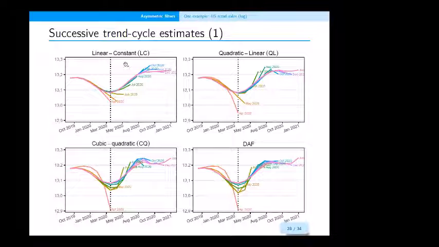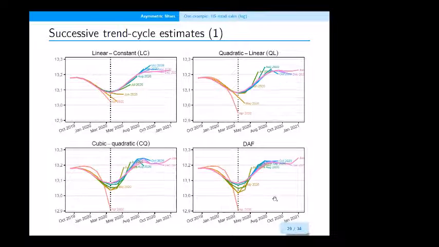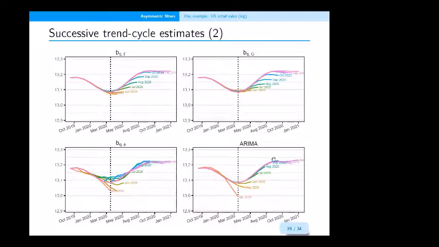And the Musgrave filters, in that case, can produce satisfying results with less variance than when you extend your data with an ARIMA model and then apply the symmetric Henderson filter.